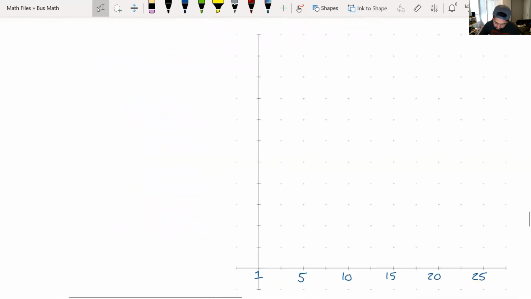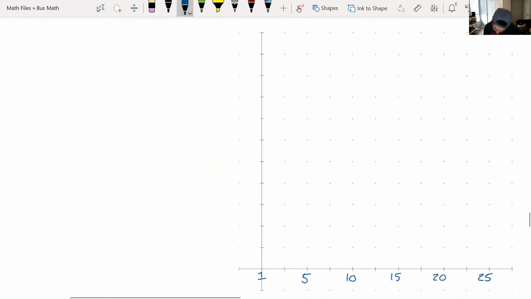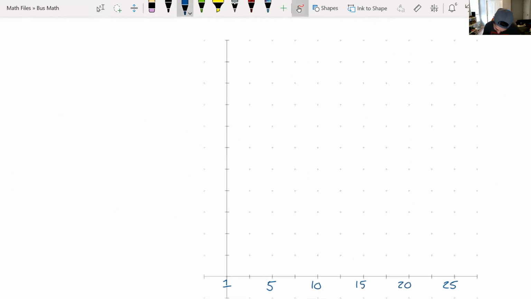So let's do our y values by 2000. And can I skip? Probably not. 2, 4, 6, 8, 10, 12. Nope. So we're going to make them normal. Okay. So 2, 4, 6, 8, 10, 12, 14, 16, 18.